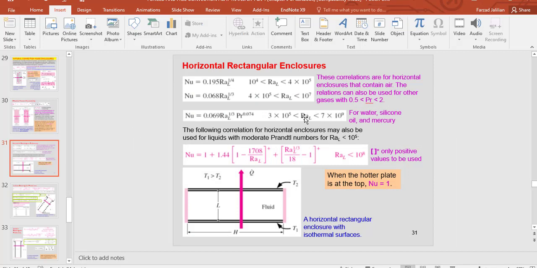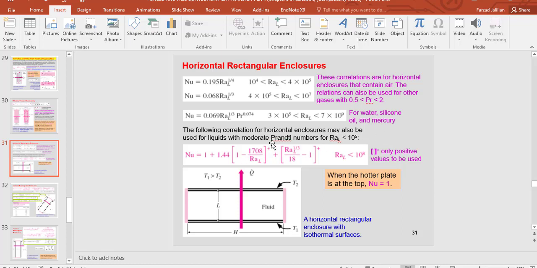And we should use this equation for materials like water, silicone oil, and mercury. We should check their Rayleigh number. If it is between these two values, 3 times 10 power 5 and 7 times 10 power 9, then if this condition is satisfied, we should use this equation to calculate the Nusselt number for these fluids. Then use that Nusselt number to calculate heat transfer.